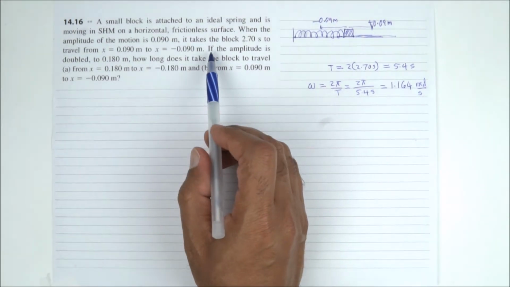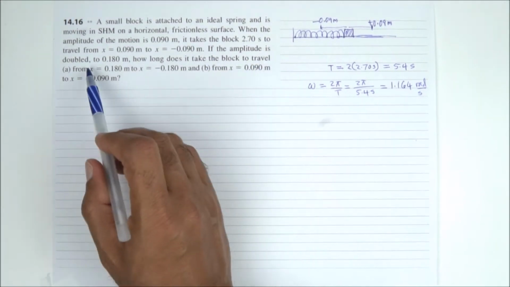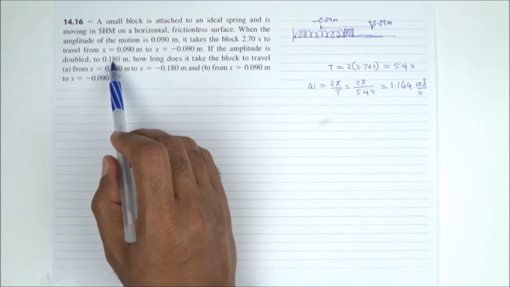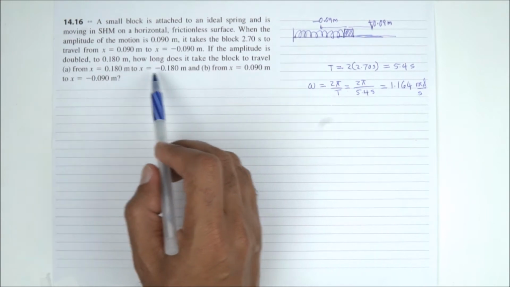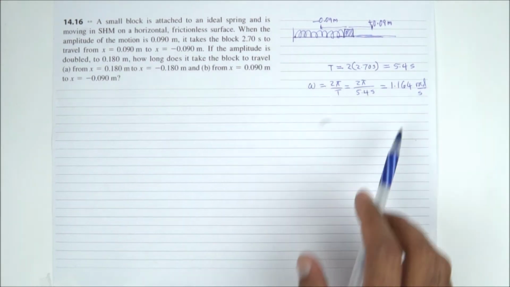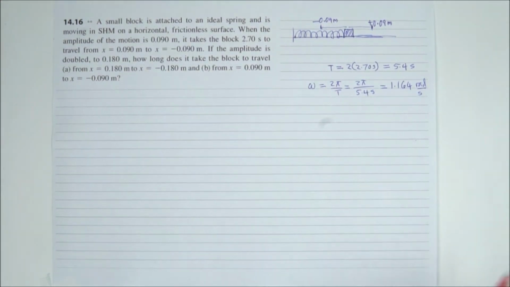Now it says if the amplitude is doubled to 0.18, how long does it take the block to travel from positive 0.18 to negative 0.18? So we need to increase the amplitude.